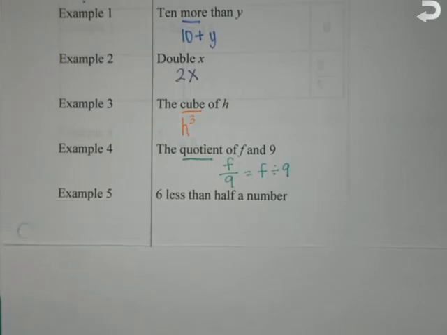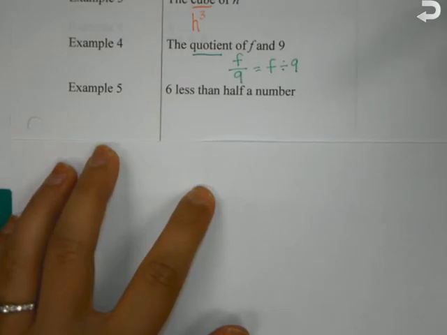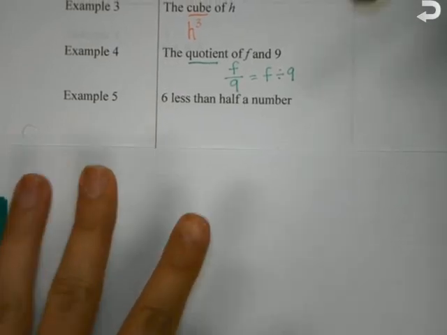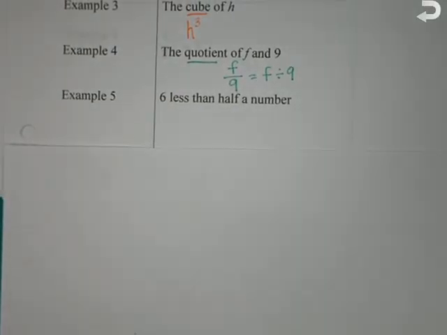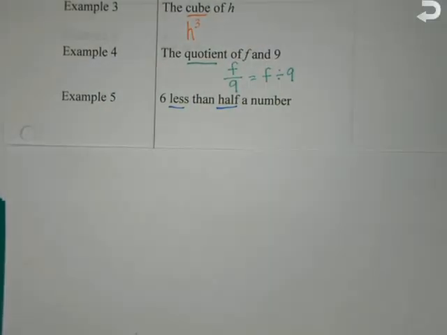Okay, example 5. 6 less than half a number. Think about that one. Okay guys, we have to look at this really quickly. In order of operations, we have 6 less and half a number. So I see a subtraction and a division there, right? Okay, so if I am saying something is 6 less than half a number, let's think about order of operations.